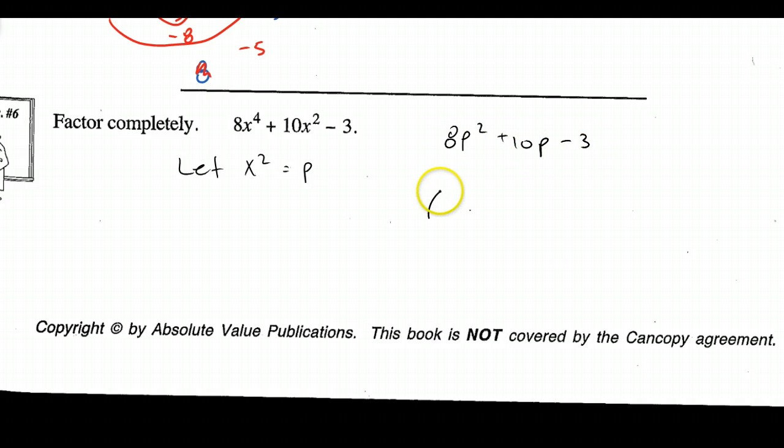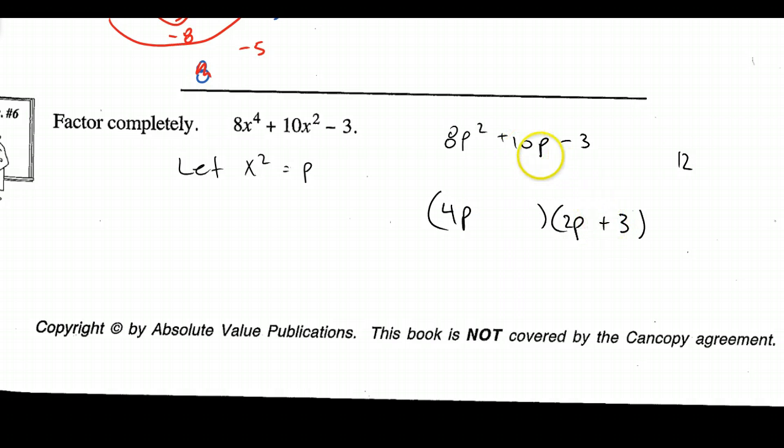And again, looking at this one, I need to get to positive 10. So let me see, if I do 4 times 3, yep, that's going to do it. So 4 times 3, this is going to be 2p here. So 4 times 3 is going to give me 12.